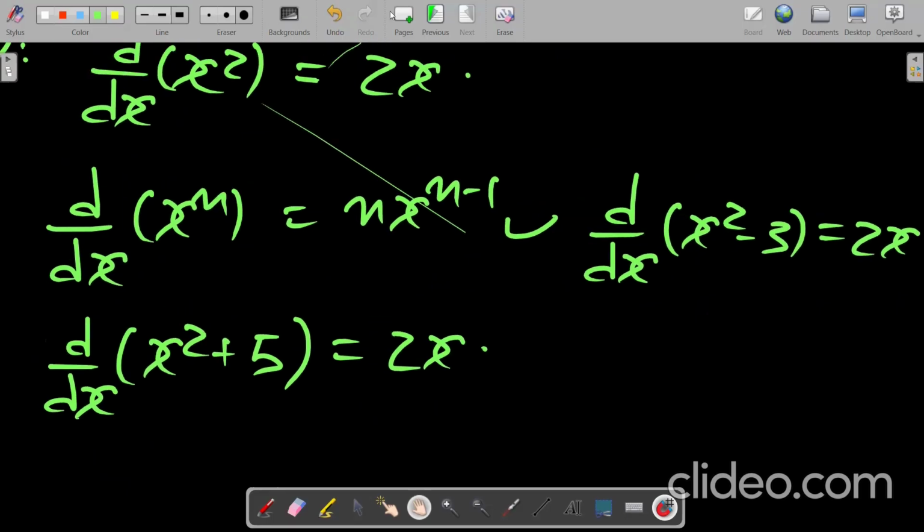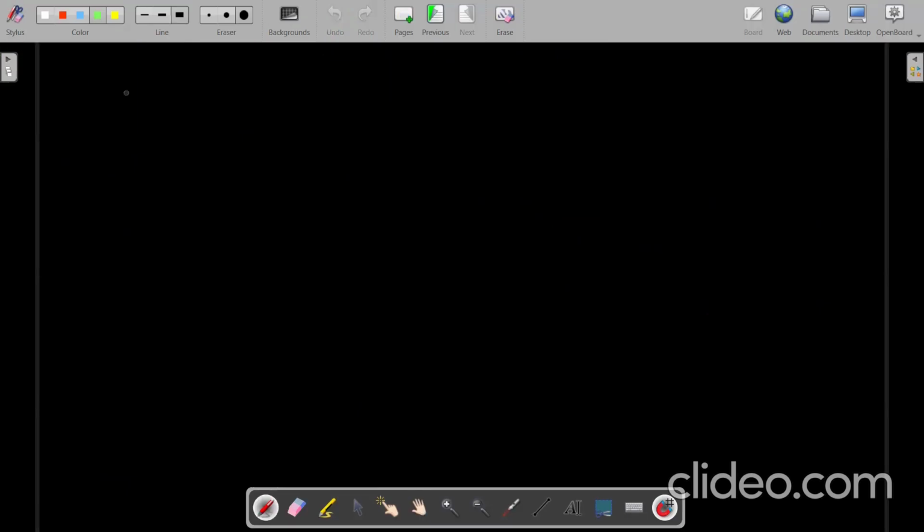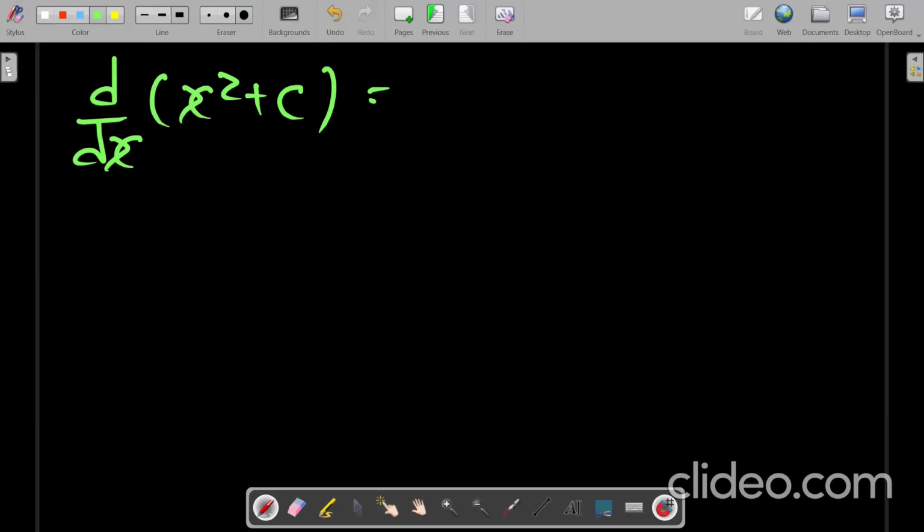Now students, d by dx of x square plus c will be equal to 2x. Here c is a constant. That's why indefinite integrals include a constant.